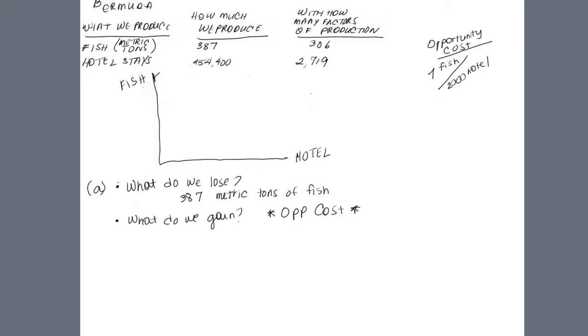So what I'm going to do is multiply 387 metric tons of fish times 2,000 hotel stays that we gain for each loss in a metric ton of fish. And if I do that out, it's 774,000 hotel stays that we've gained.